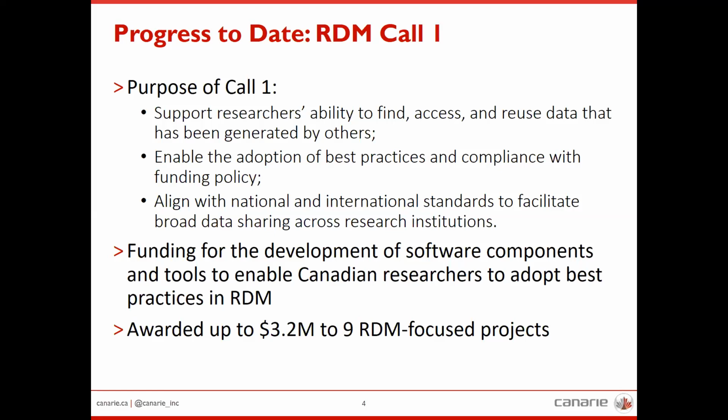So there was a real focus in that first call on funding that would help software infrastructure adhere to a greater degree to the FAIR principles in particular, but international best practices in general. And that access to that infrastructure would facilitate Canadian researchers' ability to adopt best practices in research data management.